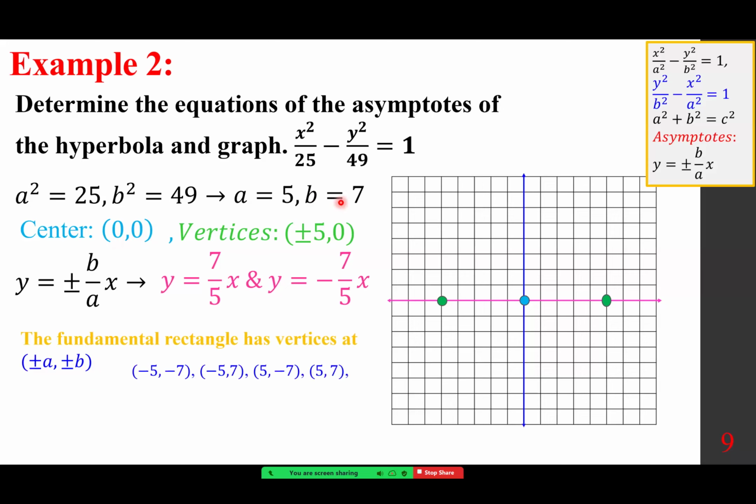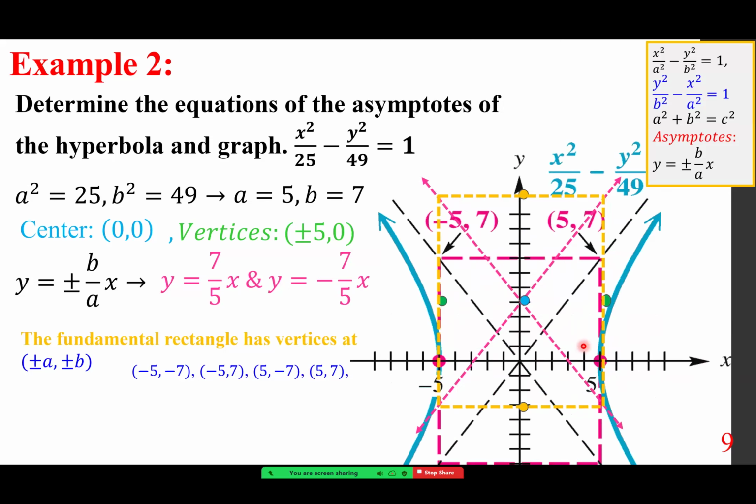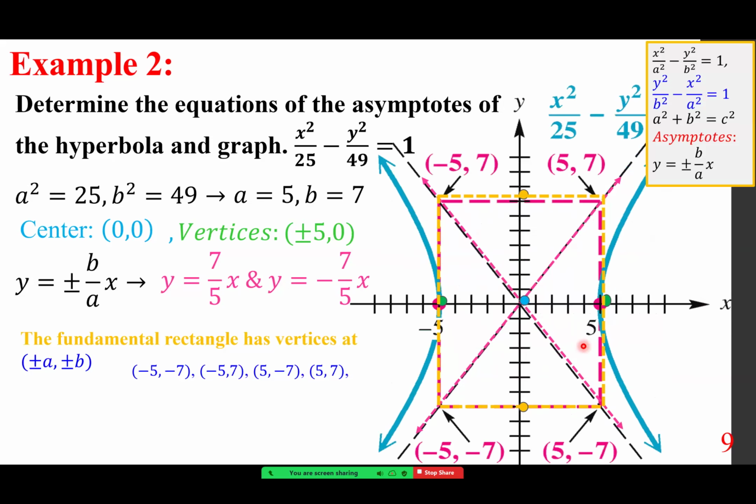And that means negative 5 and negative 7, negative 5 and 7, positive 5 and negative 7, positive 5 and positive 7. And these are the 4 corners, everybody, which will help us. And here's your asymptotes. And here's your graph. So again, look at the 4 corners that we mentioned.